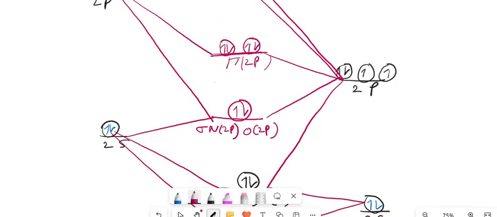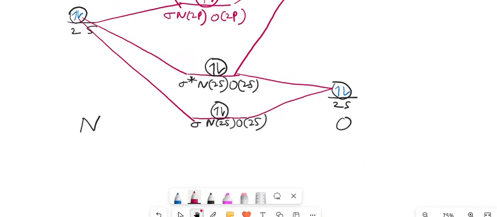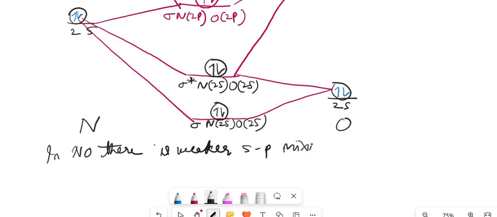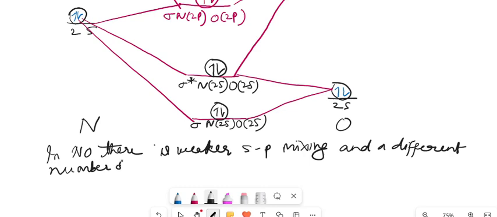So here we can see that sp interaction is also playing its role, but not so pronounced in NO as it was in CO, due to the electronegativity differences between the atoms involved in the formation of the molecules. So in nitric oxide, there is weaker sp mixing and a different number of valence electrons also.